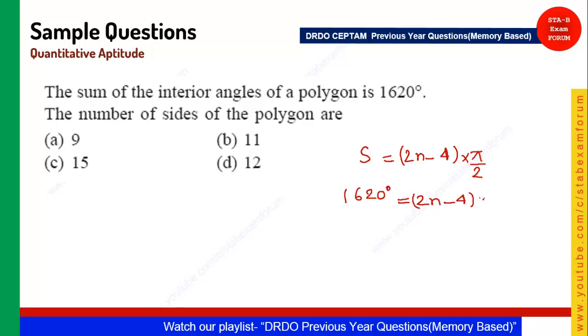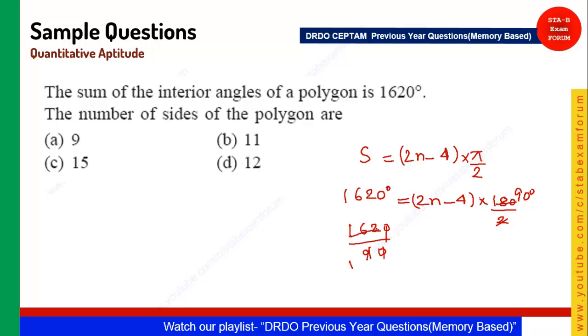What is pi? Pi is 180, so pi by 2 is 90 degrees, correct. So this 90 comes in the denominator, so your answer is 1620 by 90. So let's cut it.